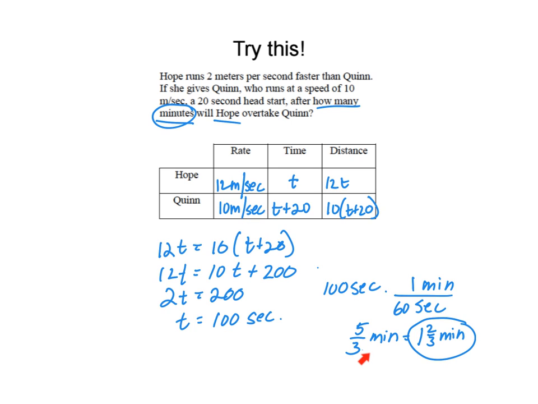If I said 5/3 minutes, I think they would think I was crazy. So in math, we do generally like improper reduced fractions, but if I'm going to give an answer to a word problem, a mixed number is more appropriate in this case. So 1 2/3 minutes will be the amount of time it takes Hope to overtake Quinn.